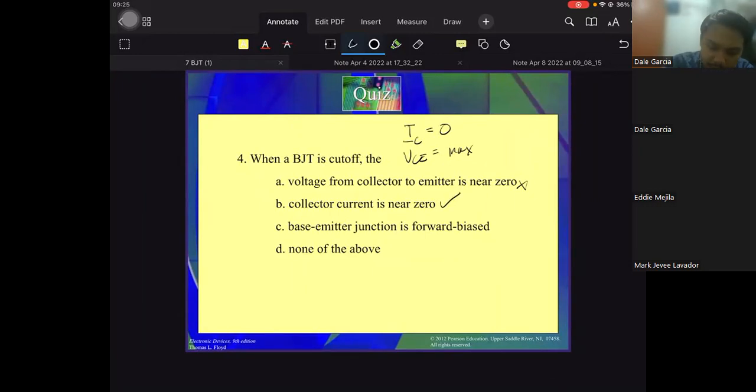No. For cut off, both the collector base and base emitter are reverse biased. So this is also not true. The true one is B, so the answer is B.